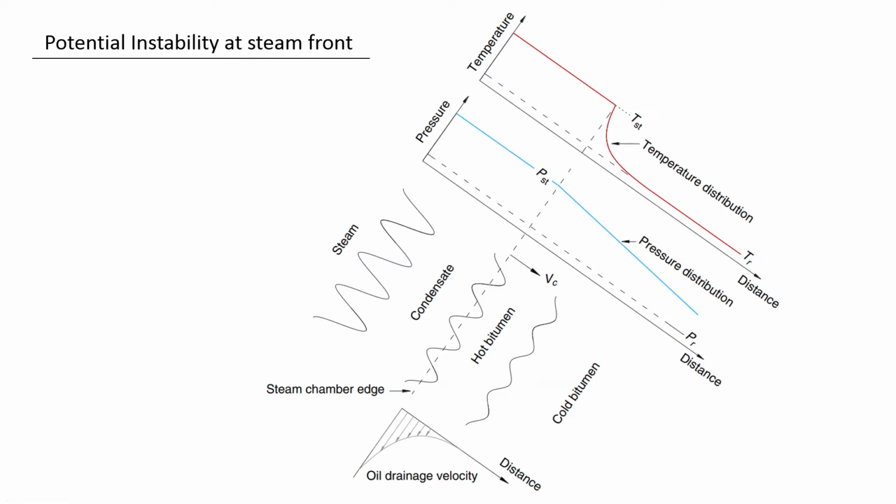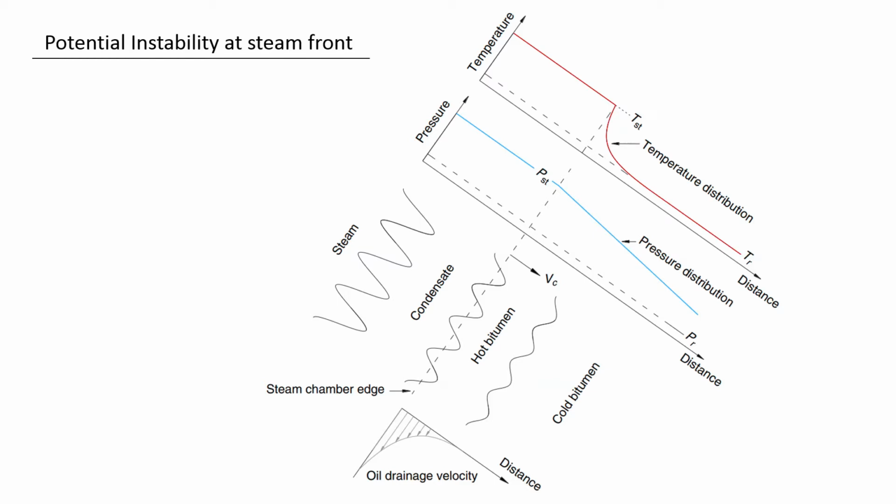So before going further and talking about the ramp up stage, let me explain what sort of instability we're talking about. There are three sorts of instability. Steam is a gas, with higher mobility, into the condensate, which has less mobility. Condensate into the hot bitumen, different phases. And hot bitumen, with lower viscosity, into the cold bitumen, with higher viscosity.